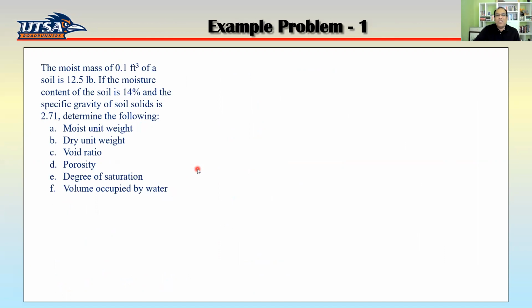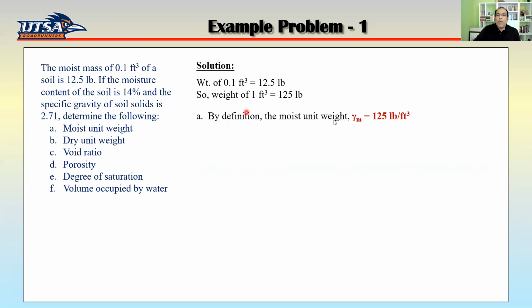Now we can do that very easily. First of all, the weight of 0.1 feet cube is 12.5 pounds, so 1 feet cube is 125 pounds. So your gamma moist by definition is 125 pounds per feet cube of soil, right?